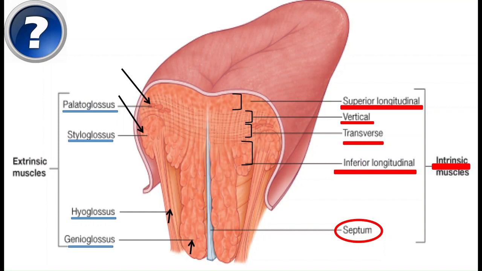Now, you may have seen or remember an image when a patient was asked to protrude the tongue. The tongue has deviated towards one side.